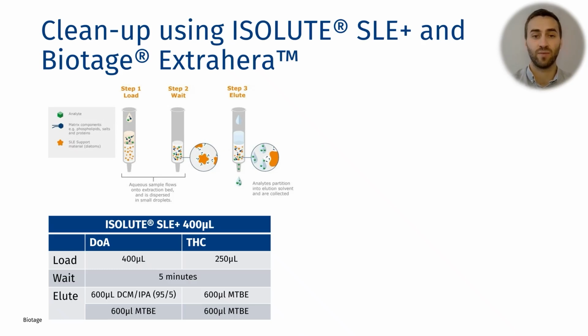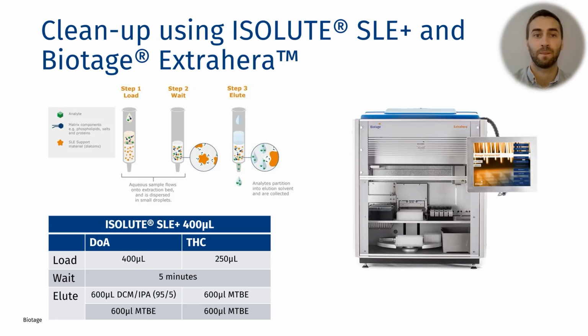Then after the wait, for the drugs of abuse, we eluted with a DCM IPA solution followed by an MTBE. The THC was eluted with 2 times MTBE. The extraction, as I said, was automated on the Biotage Extrahera, which is our automated sample preparation system. Doing this just allowed us to improve the throughput of the method, and we will go through the results now.